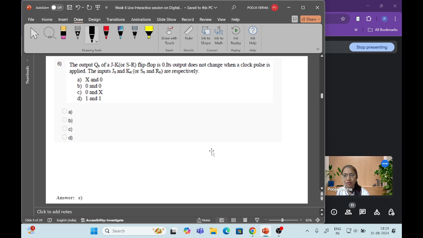So the output Qn of a JK flip-flop is 0, and Qn dash is 1, with J, K, and clock.